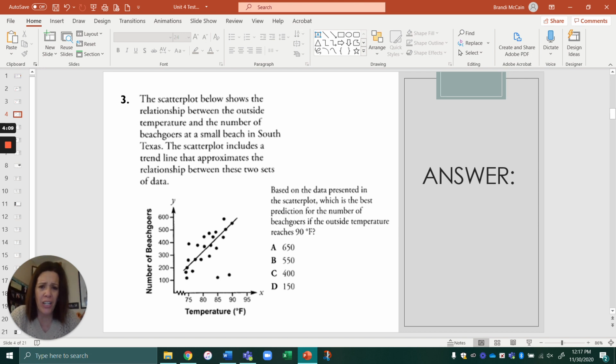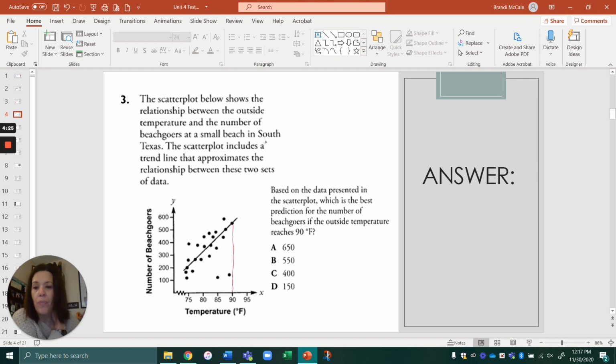Based on the data, what is the best prediction for the number of beachgoers if the outside temperature is 90? So the temperature is 90. Here's what we're looking at right here, and we follow this line up till we get to the line of our data.